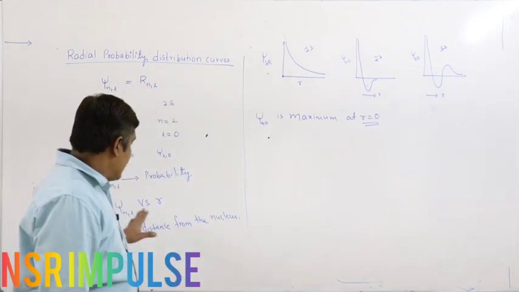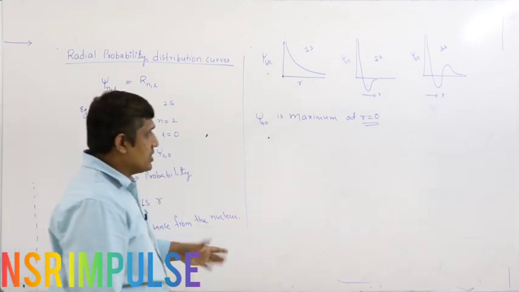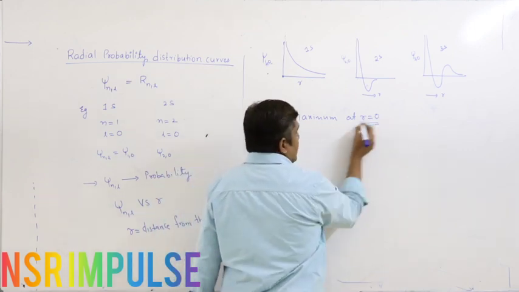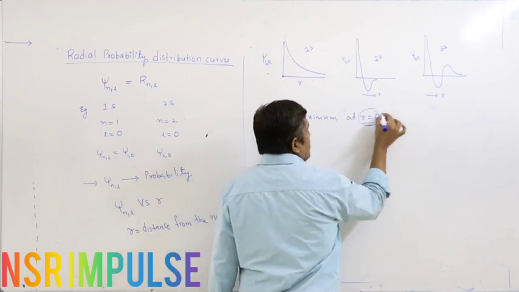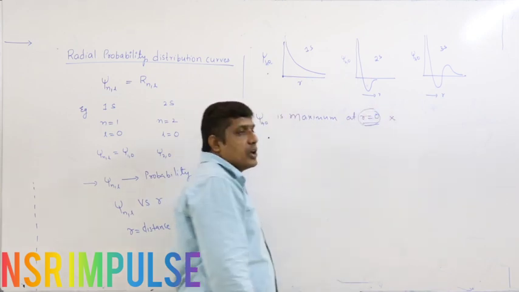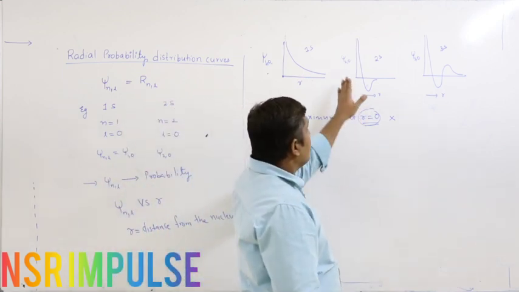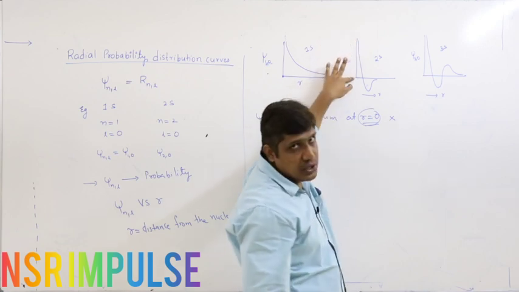That means psi n comma l doesn't represent the probability function, because it shows that there is maximum probability of finding electron at r equal to 0, which is incorrect. You cannot find electron at the nucleus. And if I continue further, in 2s and 3s, psi value is maximum at r equal to 0.